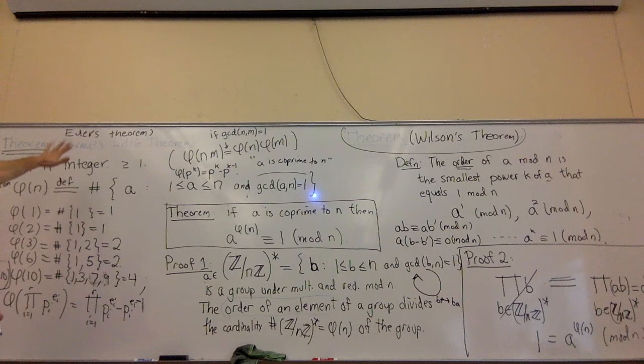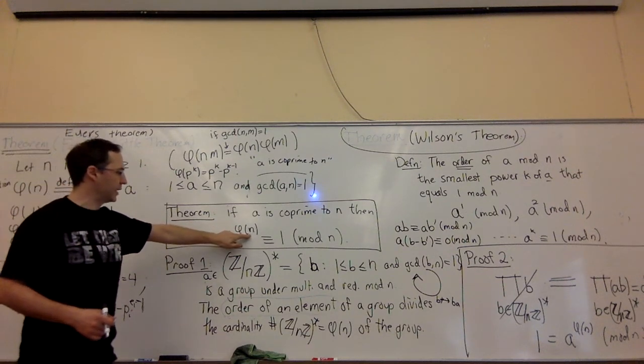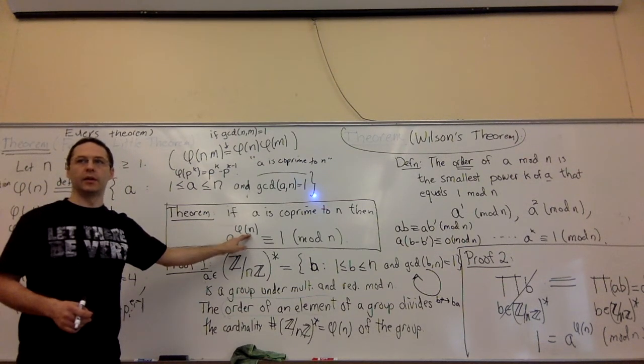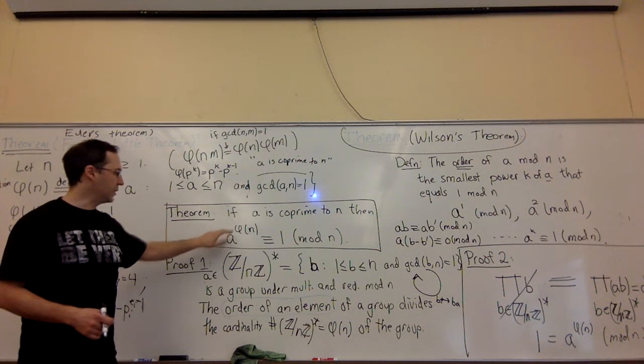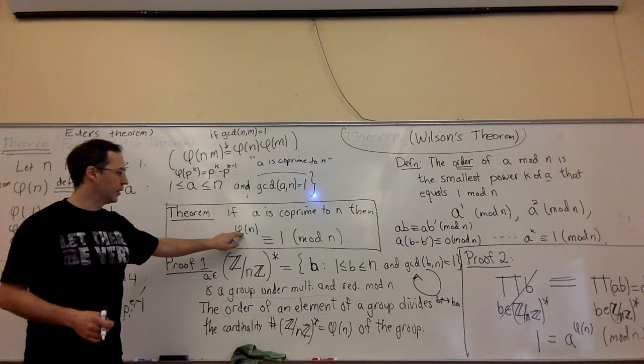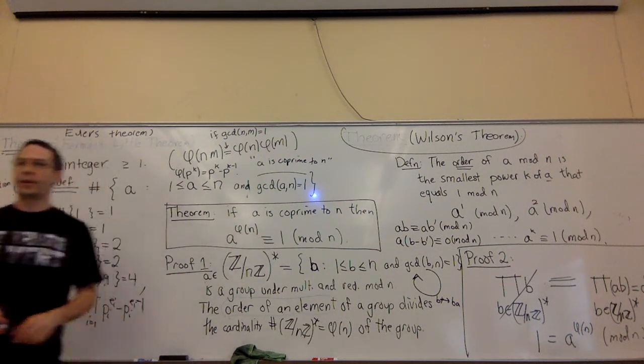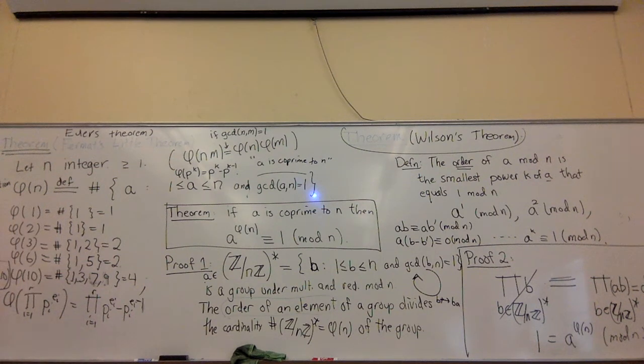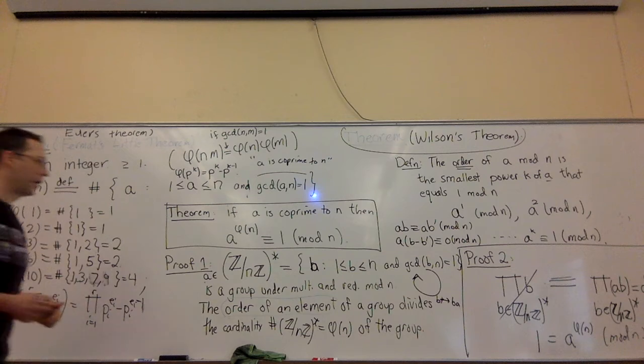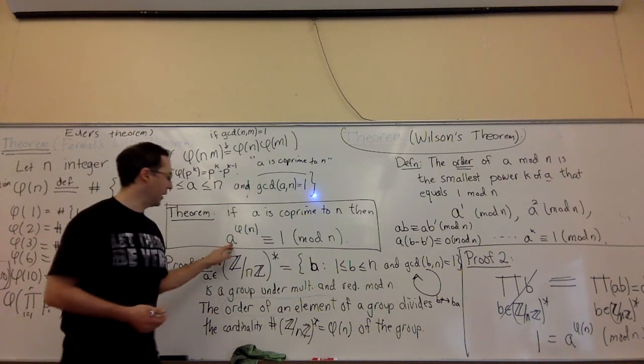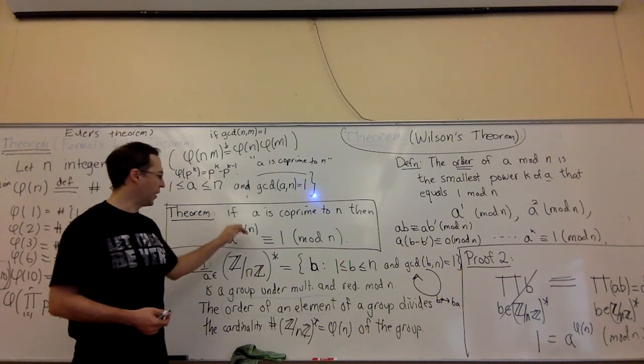Fermat's little theorem is just exactly the statement in the special case when n is a prime number. It says that if n is prime, a to the power of p minus 1 is congruent to 1 mod p. By the way, this is a really powerful primality test. If you take a big number and you think it's prime, all you have to do is take some random a and compute, say, 2 to the power of p minus 1.